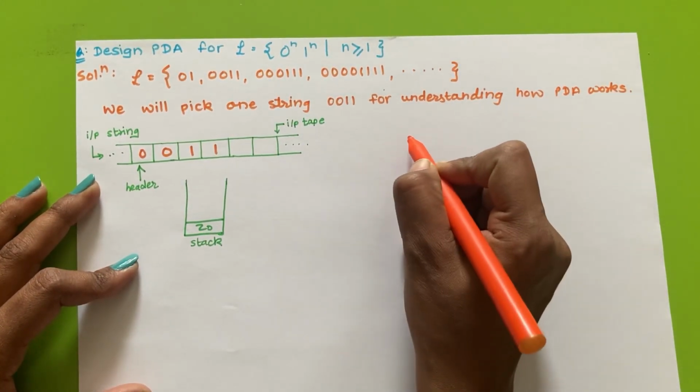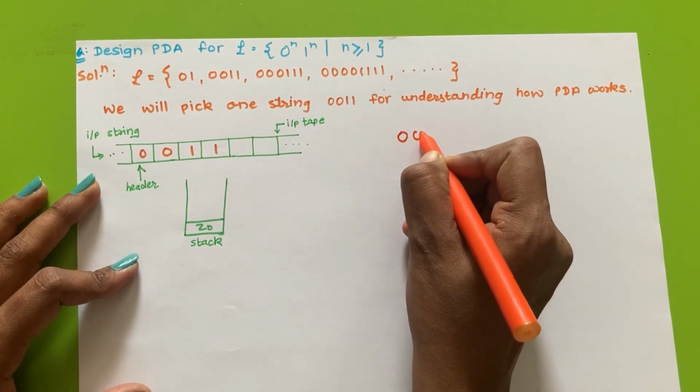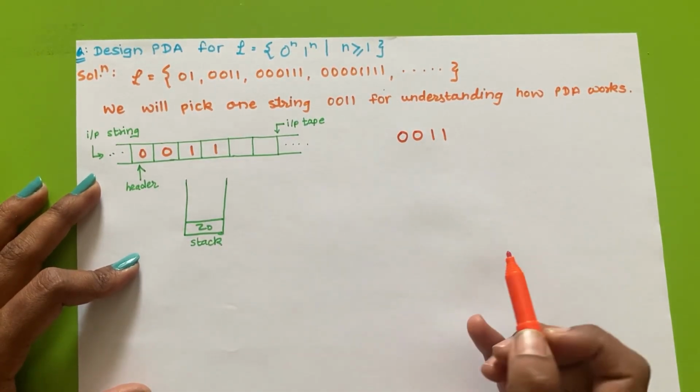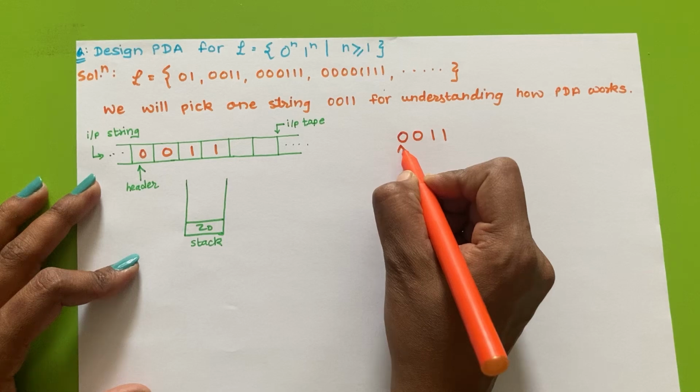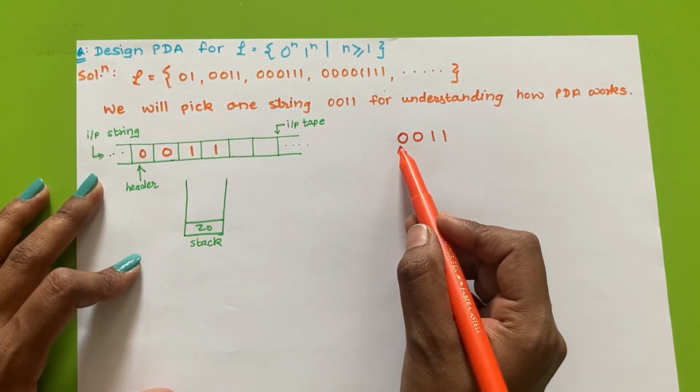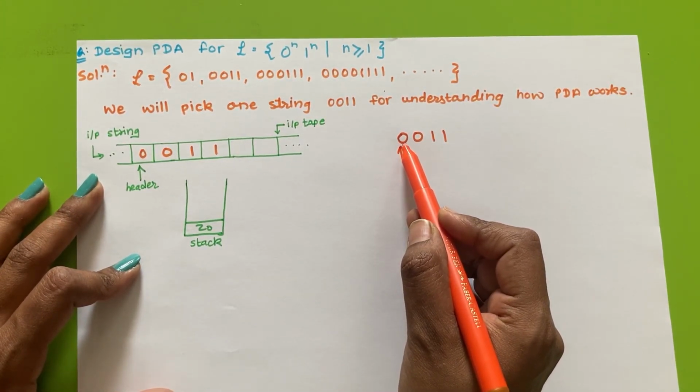We will draw the PDA for this condition. Here I take 0011 and we have the stack with us. First the head is at the leftmost position, at the first 0.